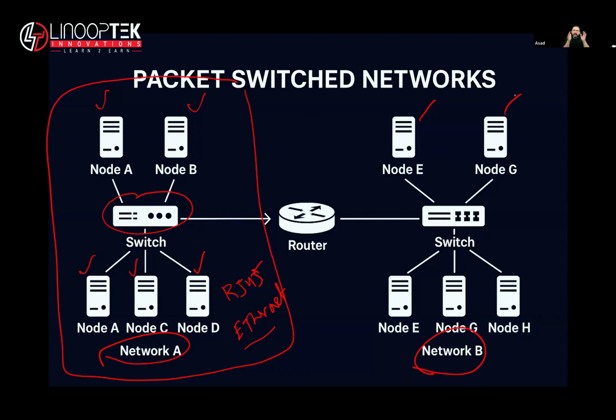By the way, any machine that's connected to a network is called a node. To make it simple, node, N-O-D-E. Why? Because you don't need to specify it's a server, a laptop, or a device. When you say node, you mean there's an entity, a device which is on the network.